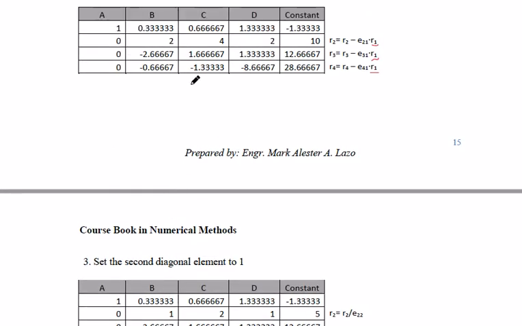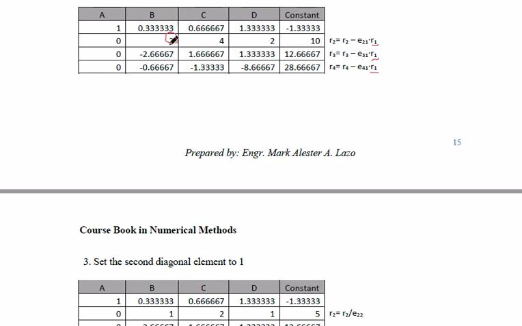This has been the resulting matrix after we have performed all the zeroing in of the elements in the first column. So our next step is to make this element here into 1, because again, our target is to make the diagonal 1.